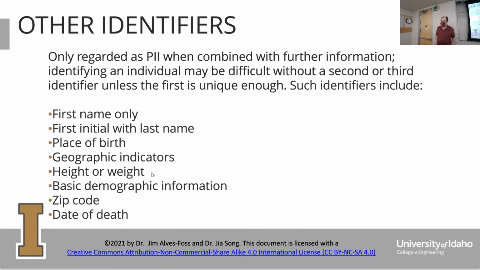These are other identifiers. They're things that, when combined with further information, make identifying an individual may be difficult without this other information, but easy with this. Now, I was asking two of my grad students yesterday about this. Let's assume I have a single bit of data.